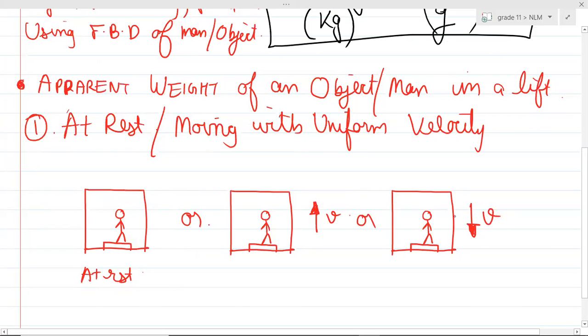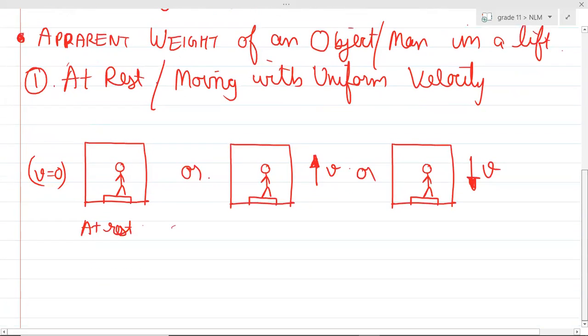Till the time it is not accelerating, it won't make a difference. Here when it is at rest, the velocity is zero, right? Yes or no, guys?